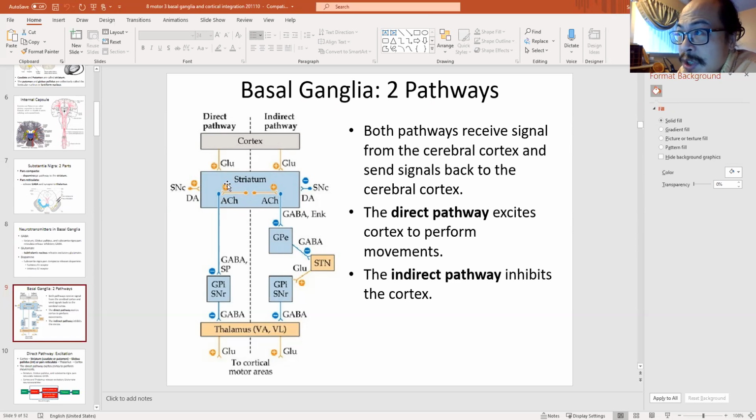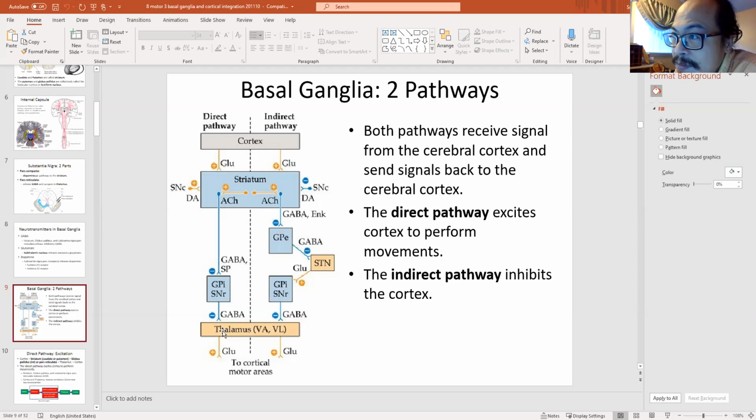The striatum always receives the signal, then sends it to the globus pallidus internal segment or the substantia nigra pars reticulata. Either one of these will send GABA to the thalamus.